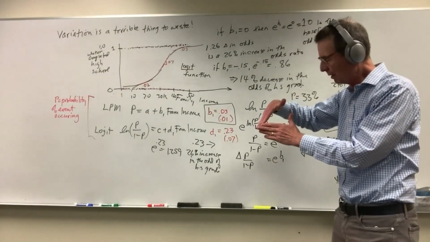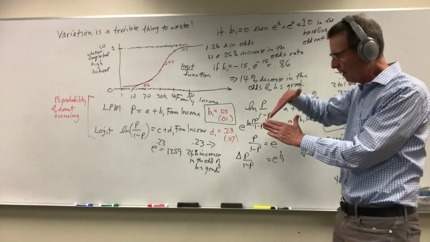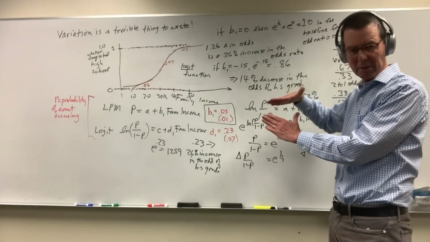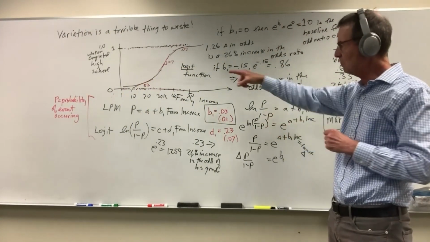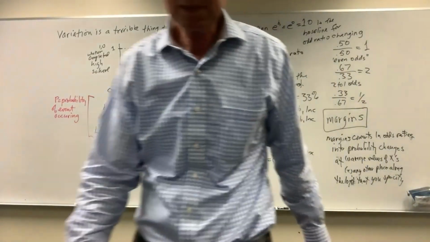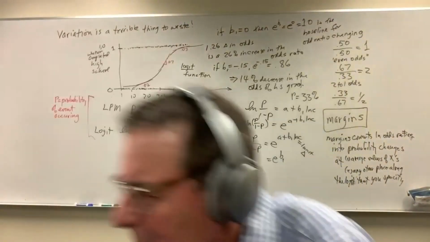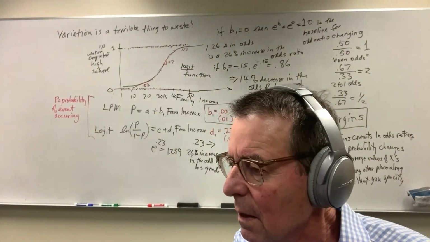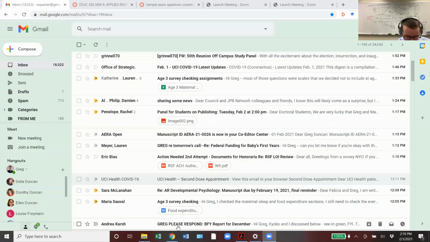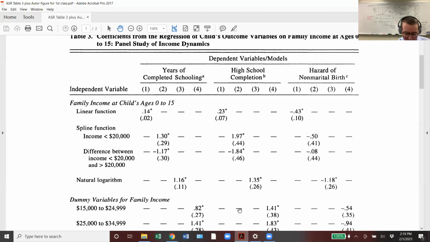That spline, it was pretty responsive to education at low levels of income, and then it flattened out a lot, right? This could be doing the same thing. And indeed, if you look at, let me bring up the article again. So here's the 0.23.